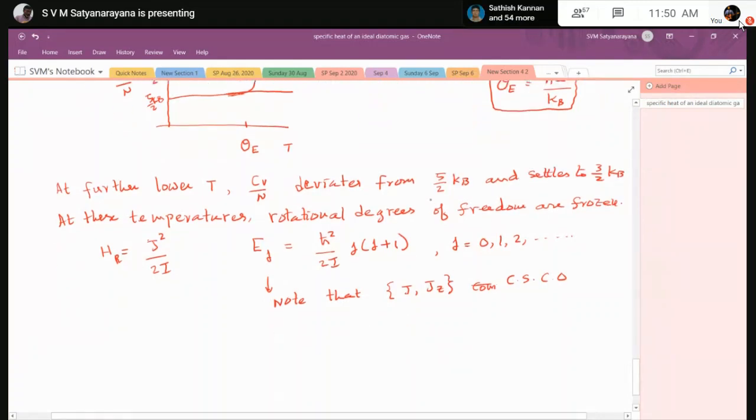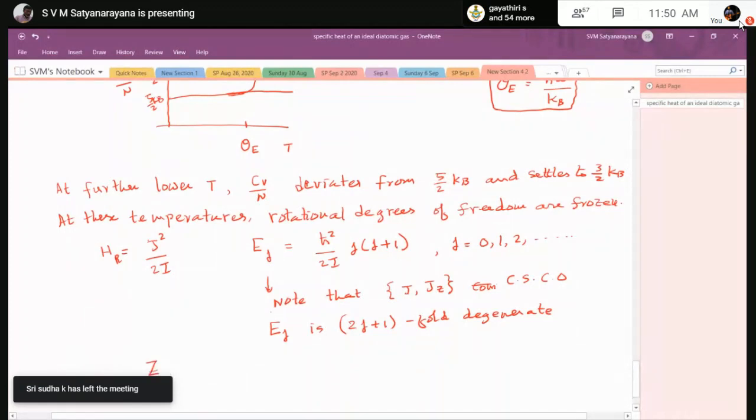And you can see that there is a degeneracy. Every E_j is (2j plus 1)-fold degenerate. So how do we find the rotational partition function?